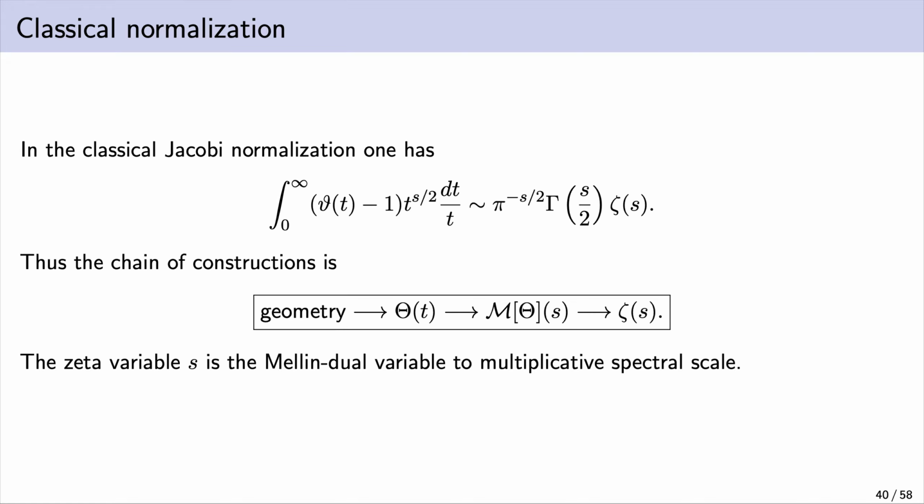We get this gamma factor times zeta of S on the right there up top. So the chain of construction is the geometry to the theta, the spectral quantity on the geometry, hit it with a Mellin transform, convert to a zeta function. In this case, this will be the Riemann zeta function.